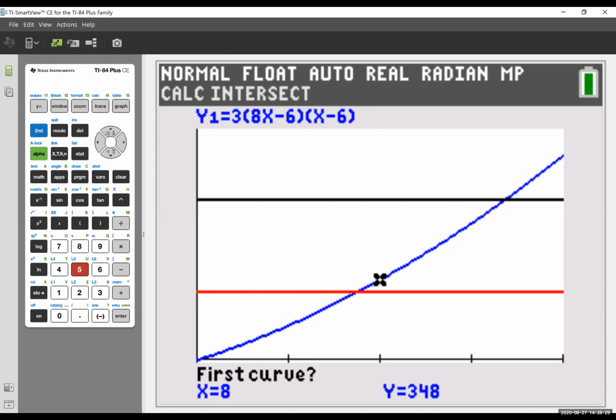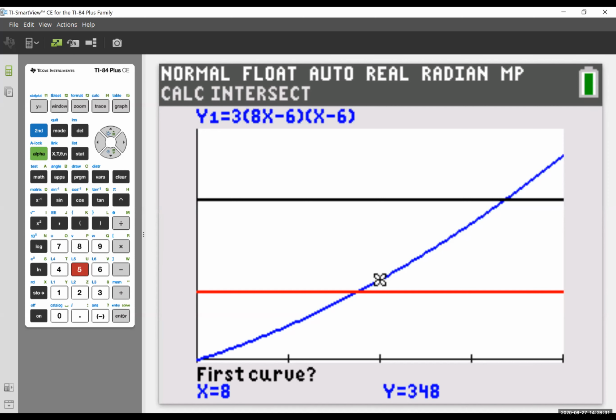So that can be our first curve. We press enter and it goes automatically to the second curve of which we want to find the intersection. So this is good. We'll press enter one more time and make it guess. And right now we have X is 7.7785. I take 4 decimal places.